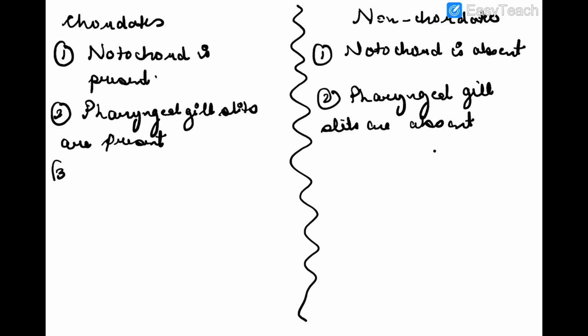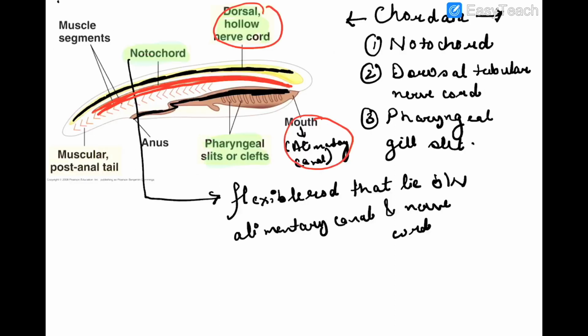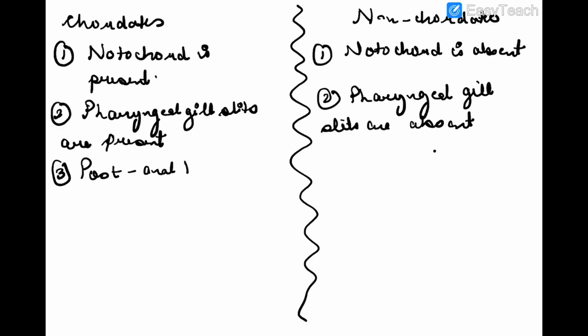In chordates, there is a post-anal tail. As you can see in the diagram, this is the post-anal tail which is present in chordates, whereas in non-chordates post-anal tail is absent.